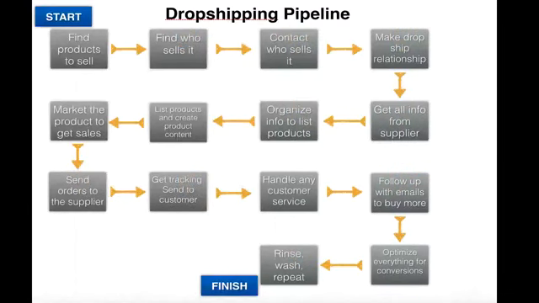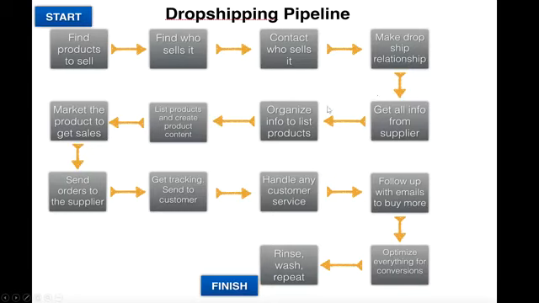So this is the dropshipping pipeline that we discussed in our former web seminar, which described the whole flow of what dropshipping is. You need to find your product, what you want to sell. You need to find who sells it. You need to contact the person, make a dropshipping relationship, and so on.